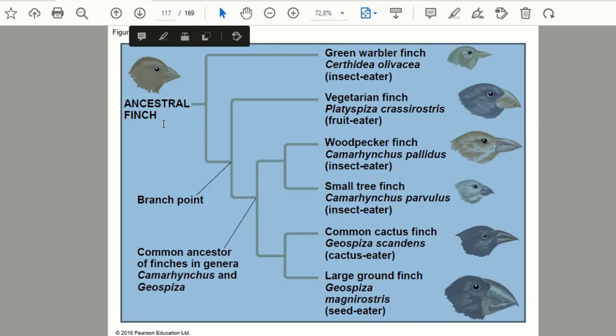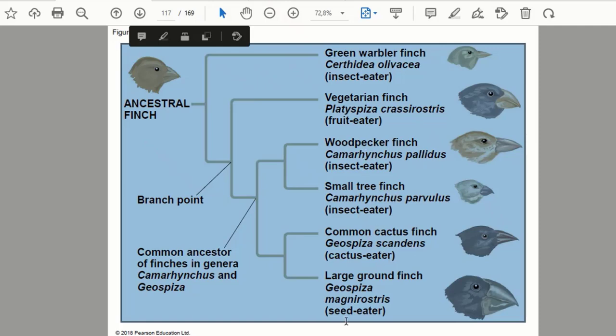Remember we said the genus is more or less like a surname. You can have different surnames, but you will have certain species. So in this case, the genus will be finch, and then there are different species of finches. You can see there's Certhidea, there's Platyspiza, and then there's Camarhynchus, which are from the same genus.